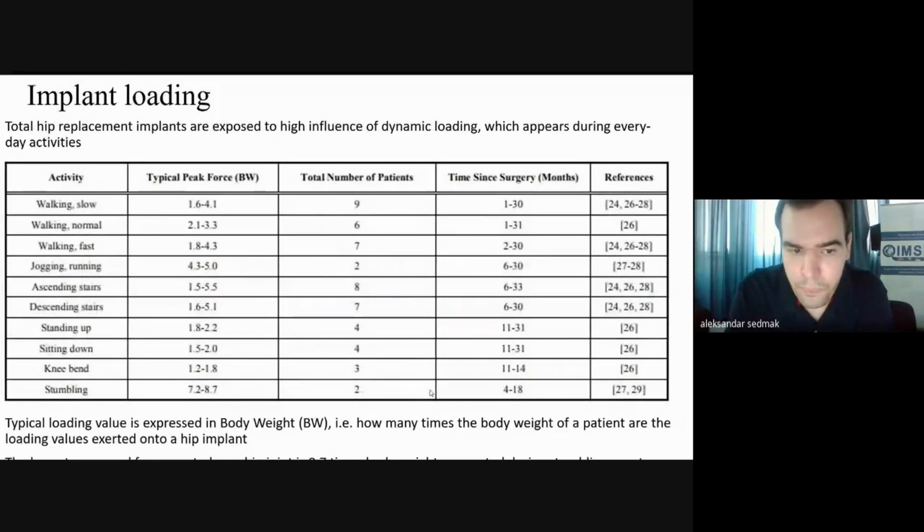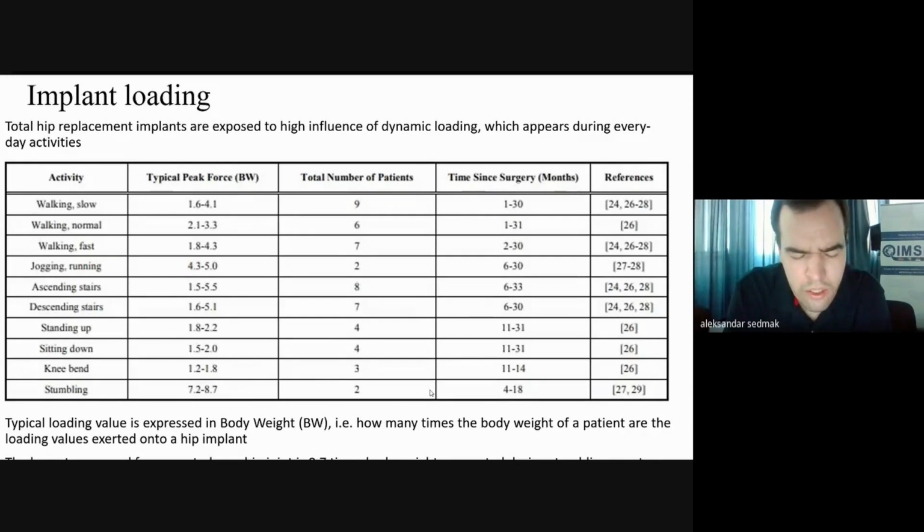When making an experimental setup and doing numerical simulations, you have to consider which type of loads you can apply. In this table, you see the forces exerted on a hip joint during each everyday activity. During stumbling, you have the highest force exerted on an implant.